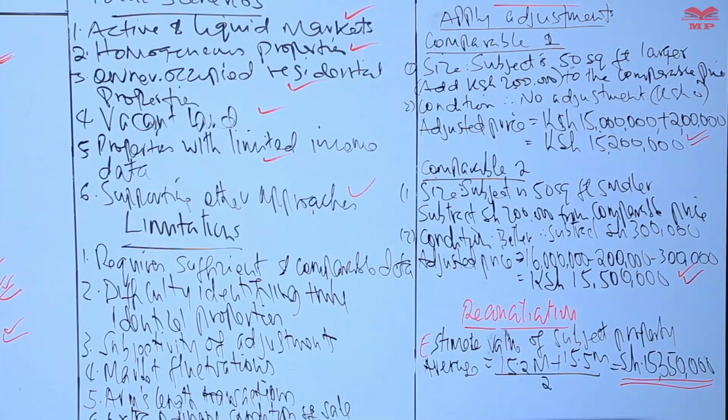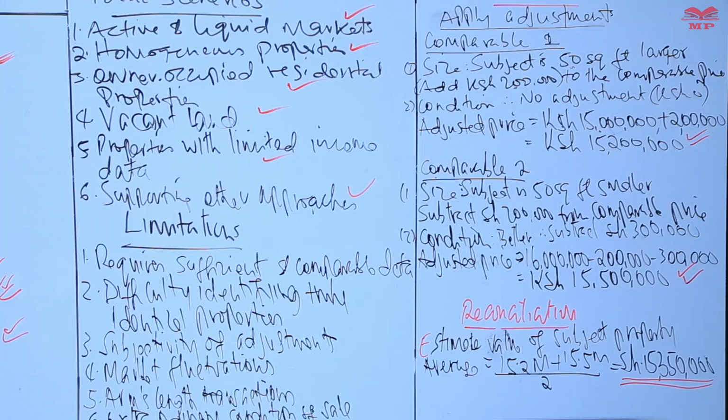Based on the sales comparison approach, the estimated value of the subject, which is a 3-bedroomed bungalow, is 15,350,000 Kenya shillings. And candidates, in a real appraisal, the analysis would be more detailed.